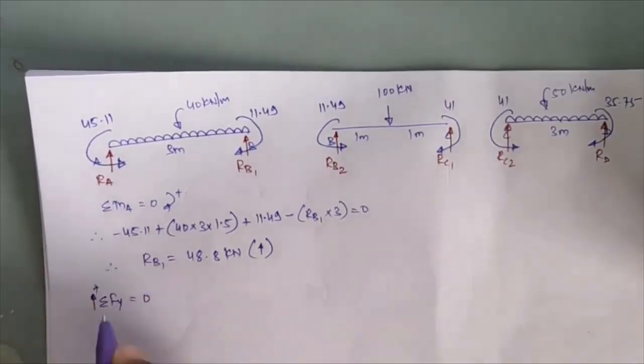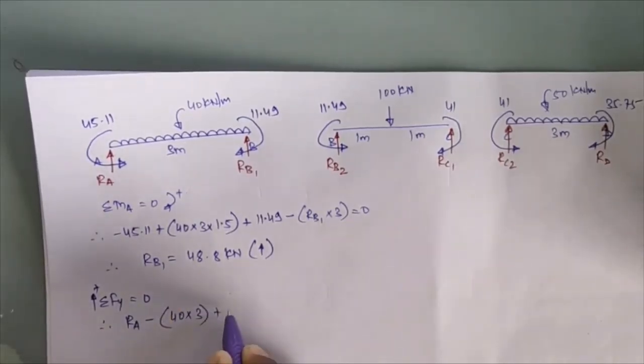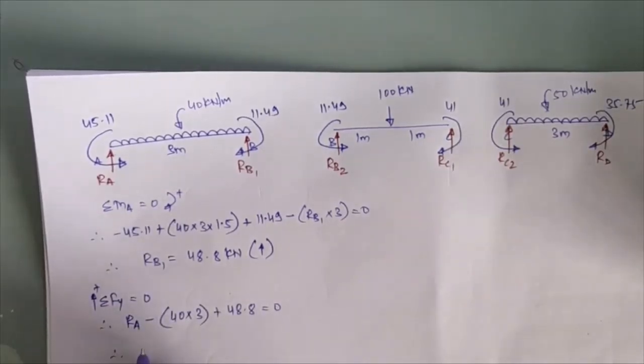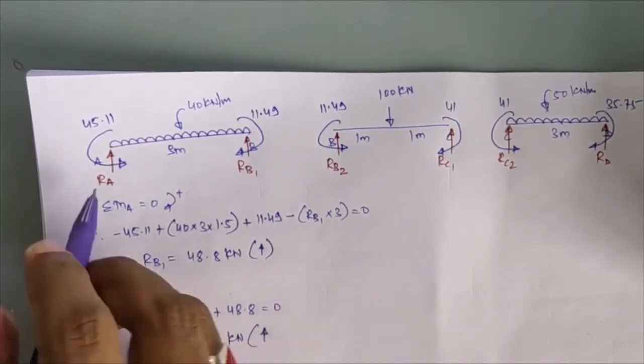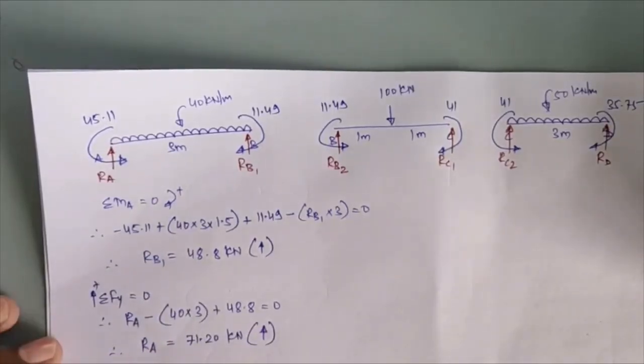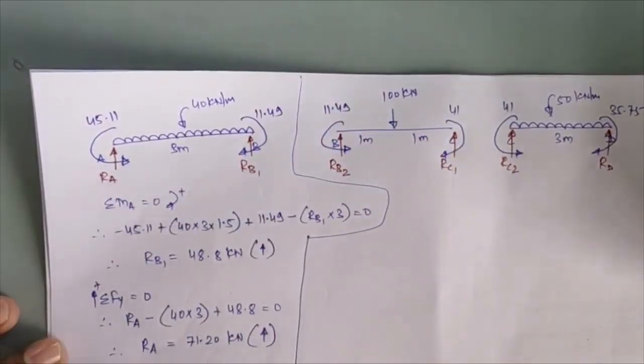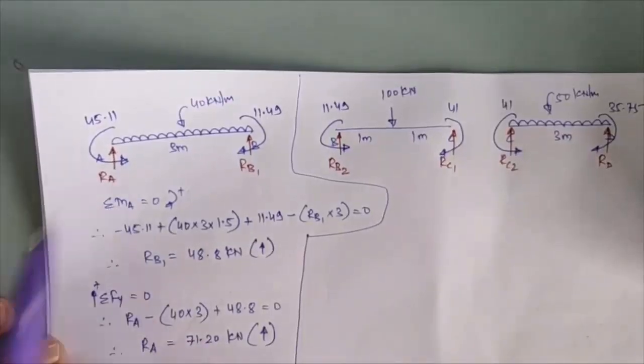So what condition I will get here: RA minus UDL intensity, that is 40 into 3, plus this RB1, that is 48.8, shall come equal to 0. If I calculate this, I get my RA value is equal to 71.20 kilonewton. Again positive I will get, that is my assumed direction will be correct, so RA is also acting upward over here. Okay, so that will be for your part or member AB over there.